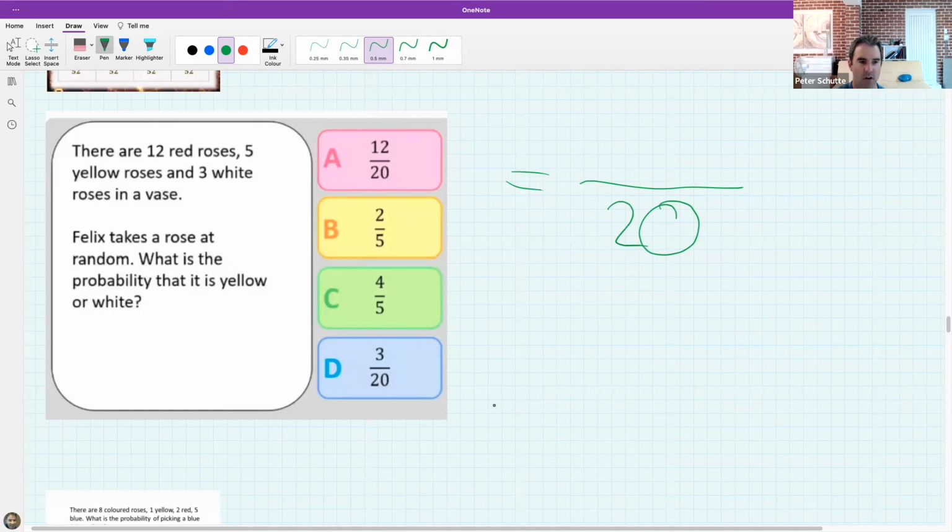There are 5 yellow roses and 3 white roses, which means there are 8 favorable outcomes. So 8 out of 20. I don't see 8 out of 20 here, but what I do see is that it is equivalent to 2 out of 5. And so that should be that one there.